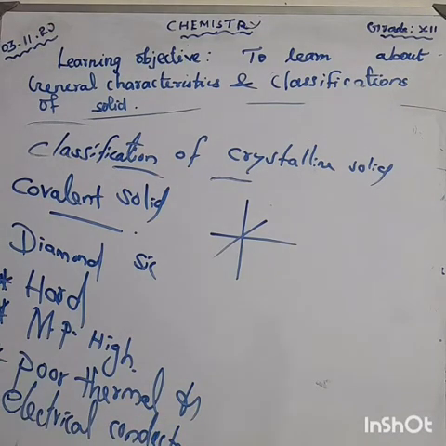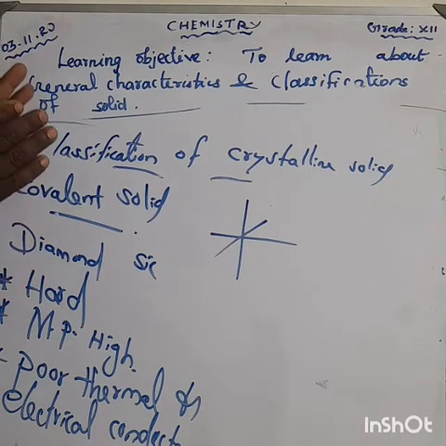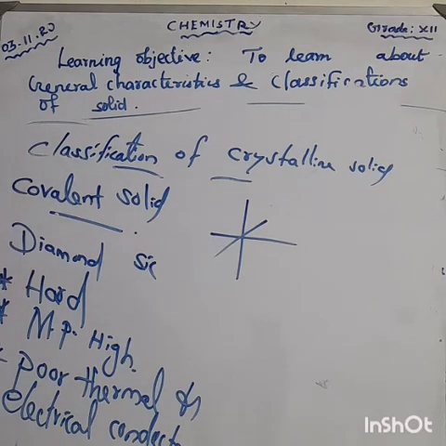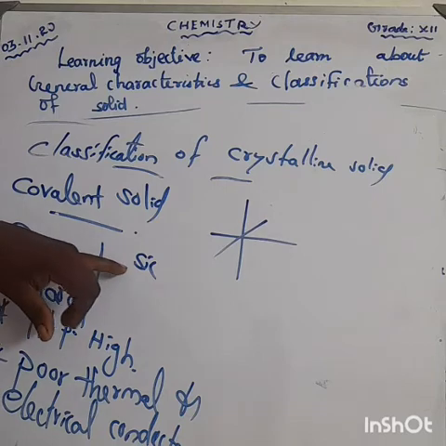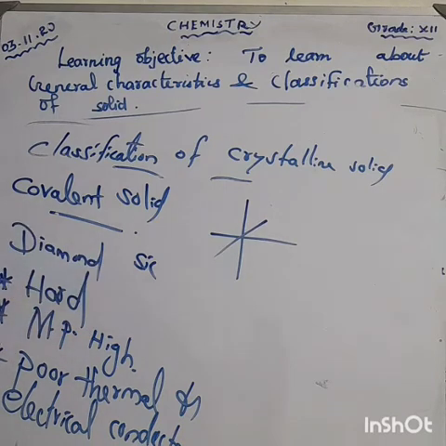Okay, these are the covalent crystals, otherwise called covalent solids. Here, their constituents, meaning atoms, are bound together in a three-dimensional network held by covalent bonds. The examples are diamond and silicon carbide.